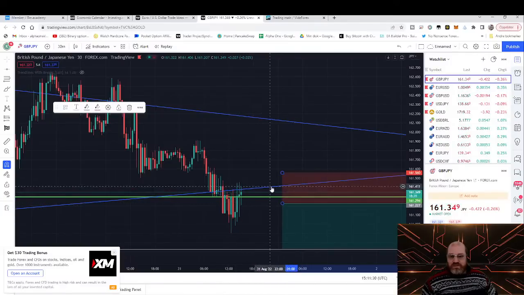But as this will also work as a resistance, it's not smart because it's a very big pressure both ways. So I think if the 30 minutes had closed above this trend line, yes, we could have been taking a nice long trade, but at the current moment, as we are in between here, it's very hard to say.